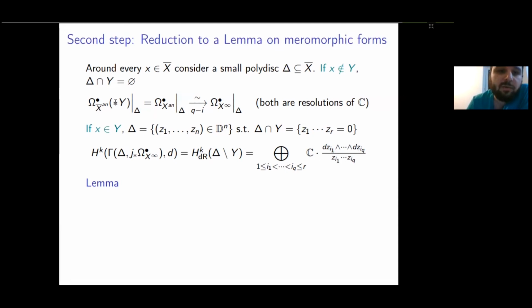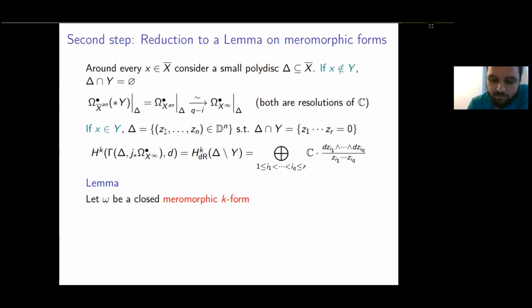And so we know that the cohomology presheaf in the left-hand side at least is mapped surjectively here, because each element in the cohomology here will have a representative coming from the left-hand side, which will be a meromorphic form with poles along Y, right? So the only thing that we need to prove now is that this map is in fact injective.